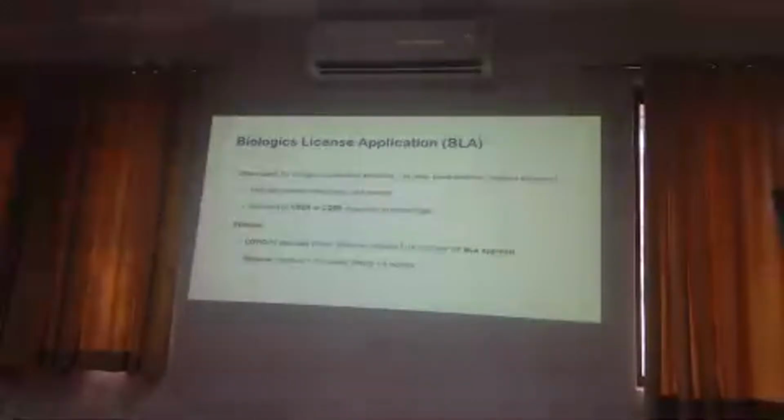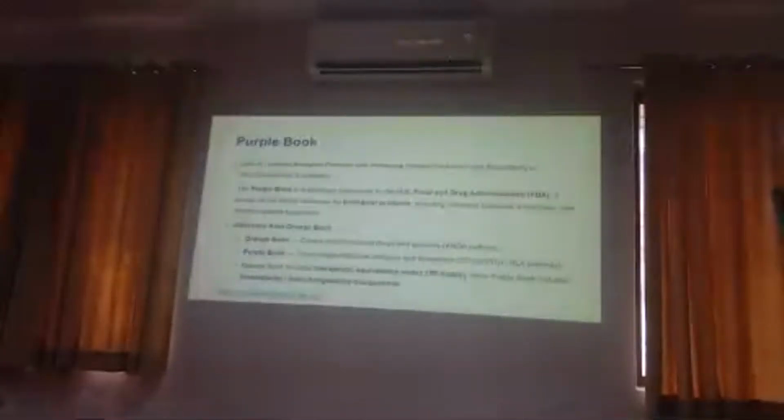Then this is the BLA, for biological license applications. This is for biological products like your COVID-19 vaccine. It is approved by this kind of approval. Then the biosimilar pathway is 351(k). And this is the Purple Book.